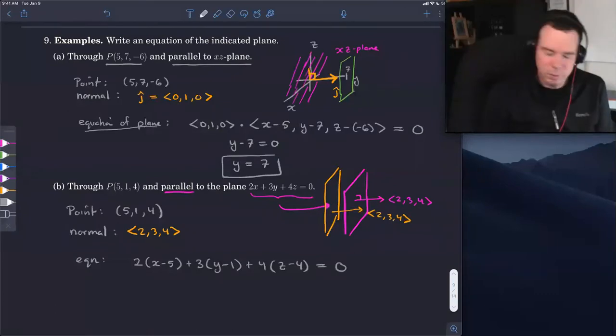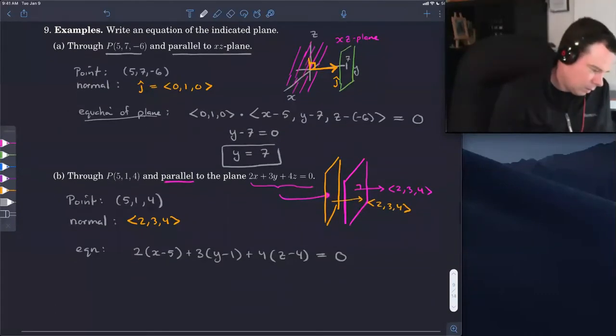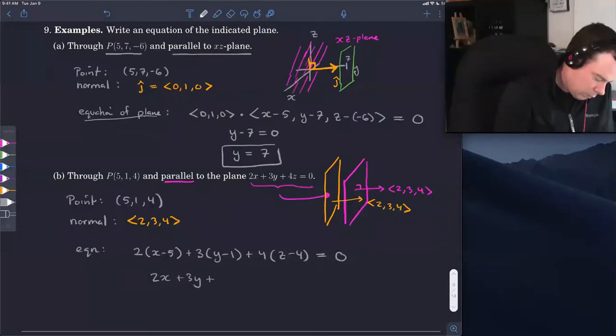And that's got to equal 0. And so in this case, we get 2x plus 3y plus 4z is equal to 10 plus 3 plus 16, or 2x plus 3y plus 4z is equal to 29.